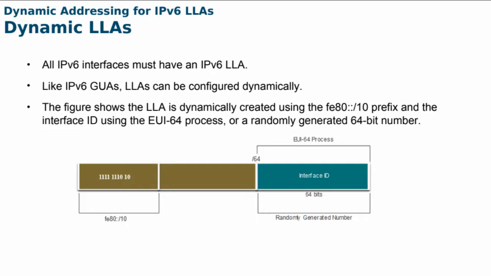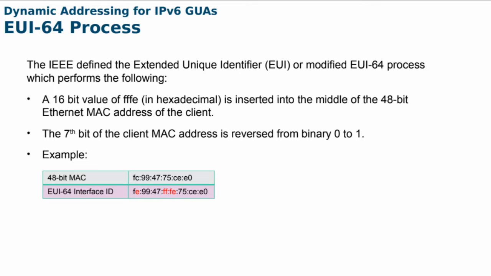And we have already studied the EUI-64 process here. So for each interface, we insert these numbers, we reverse the 7th bit, and then you have your dynamically created LLA.